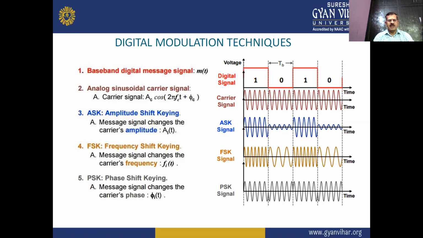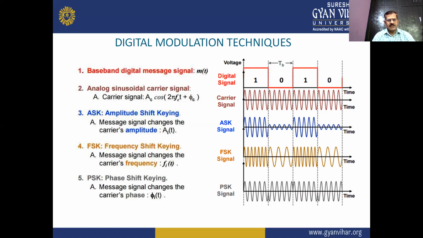In FSK, a message signal changes the carrier's frequency, as shown in this waveform of the FSK signal, in which frequency is changed with time. But in FSK, the amplitude remains constant; only the frequency changes with time.